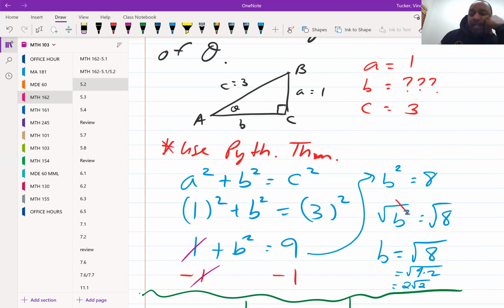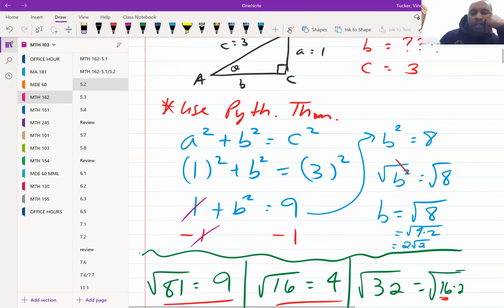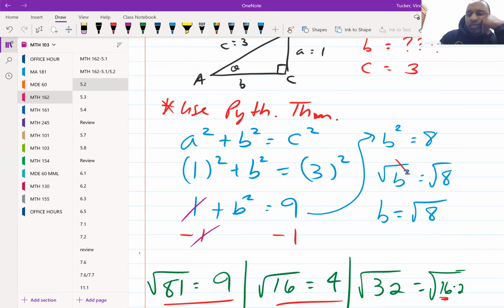Take the square root of both sides to get the square off of b. So b is equal to the square root of 8. Let me see if I can write that a little better. I'll break up that square root of 8, because it's not a perfect square, into 4 times 2.